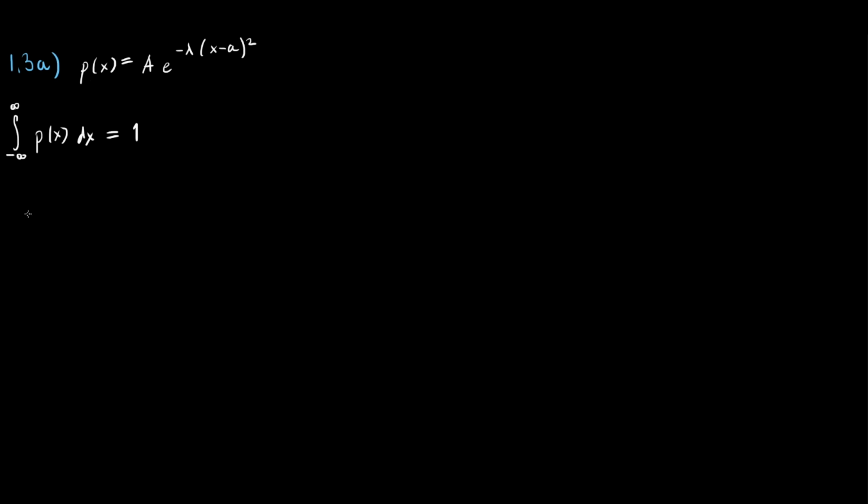100%. So we can just plug this in: the integral from negative infinity to infinity of a e to the power of negative lambda times (x minus a) squared. And we could use substitution in order to simplify this.